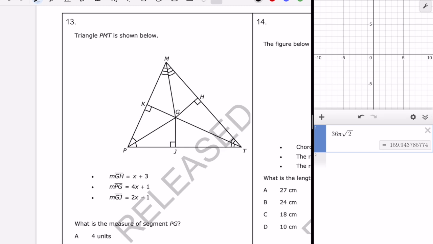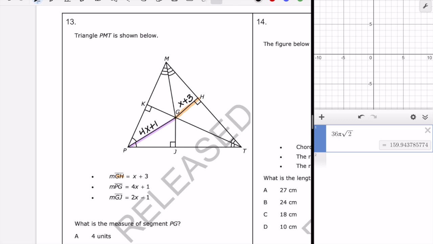So I have this triangle, and it says the measure of G and H, excuse me, is going to be x plus 3. Then it says the measure of PG is 4x plus 1.